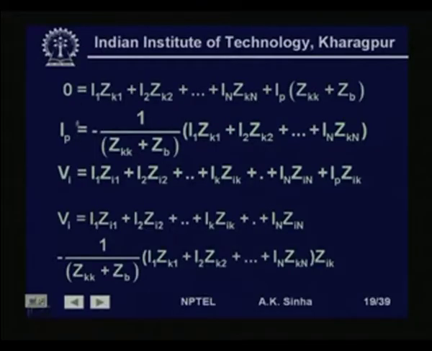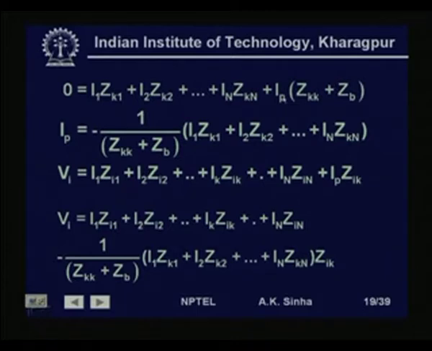So, we write the last equation, 0 is equal to Zk1 into I1 plus Zk2 into I2 plus up to Zkn into In plus IP into Zkk plus Zb.